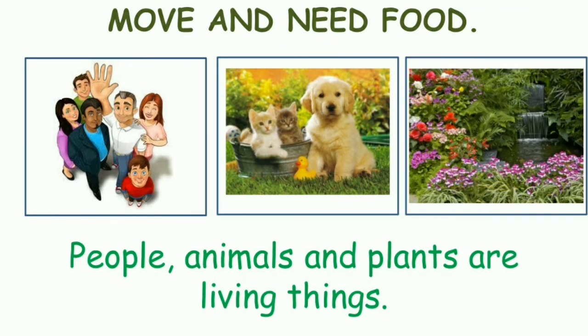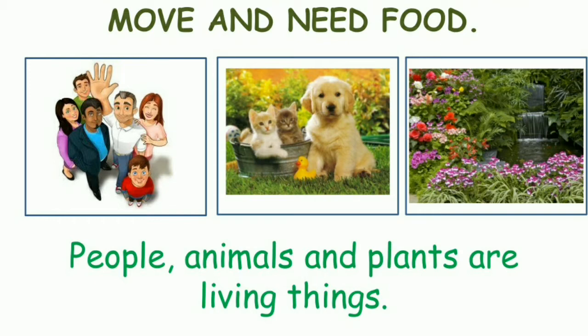These all are living things, and that's why they all can move and need food. Humans need food to grow. Animals need food to grow, and plants also need food to grow.